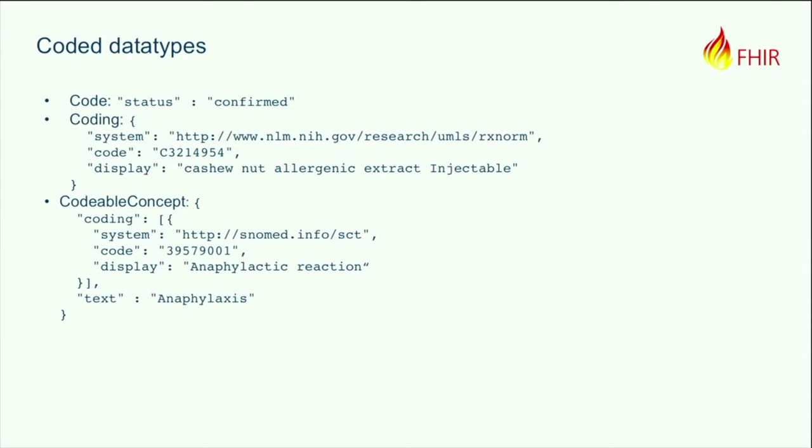if it is appropriate to do so. The second reason why it's so useful is that the multiplicity of the coding element is naught to many. It is perfectly valid in FHIR to have a codable concept value which has no codings but has just text. By definition, the text is supposed to be the text that the clinician entered when the coding was done or selected from the list.